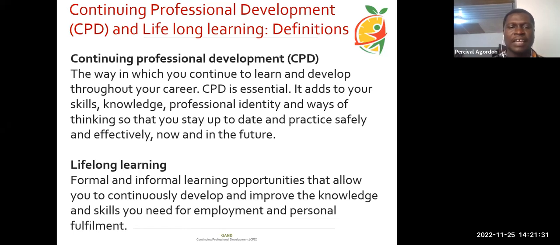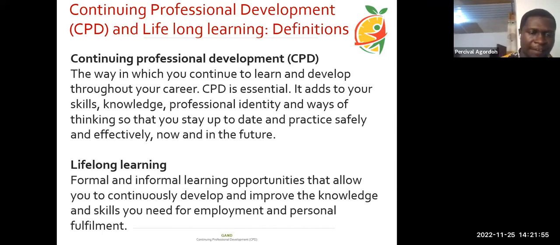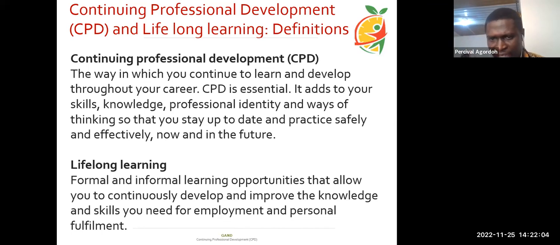Now, lifelong learning typically refers to formal or informal learning opportunities. Sorry about that. So I was saying lifelong learning refers to learning opportunities which can be formal, as in classroom settings or structured settings, or informal, which is self-learning routines.